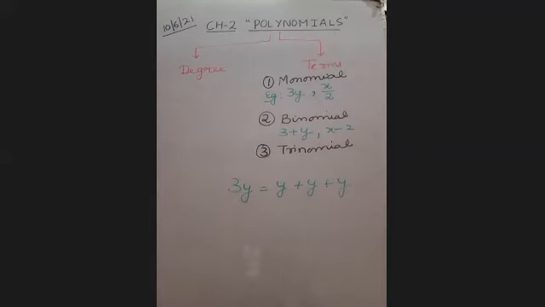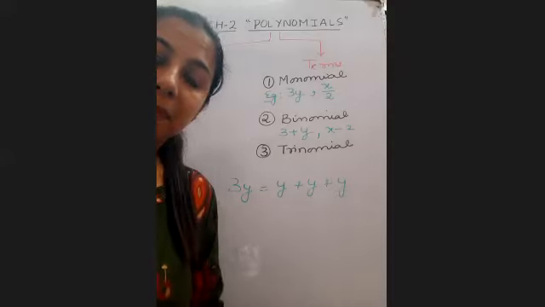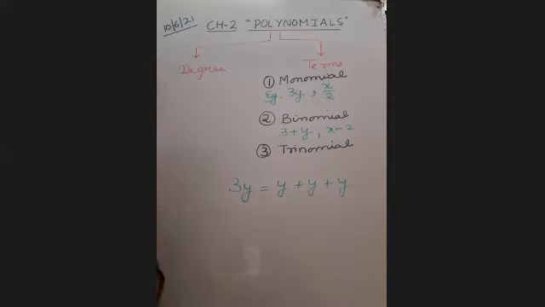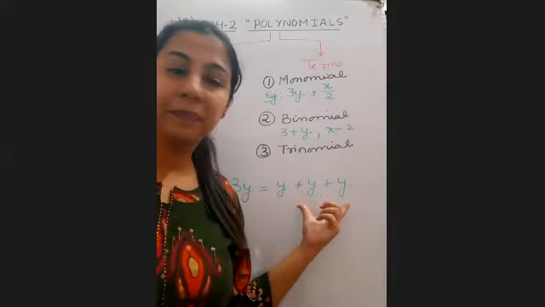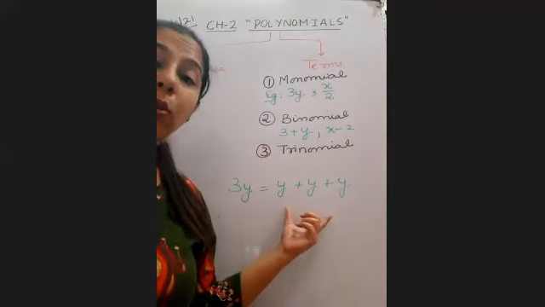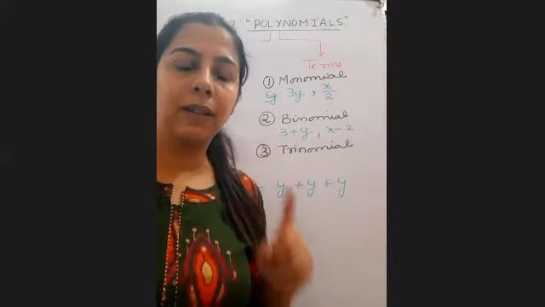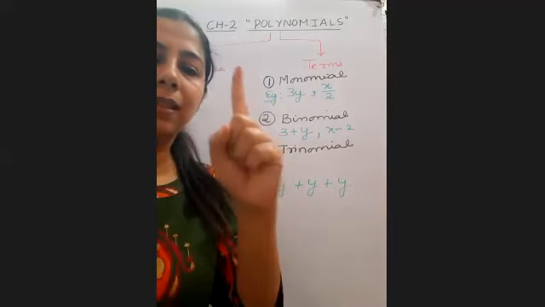This is a question to make you think. It is a monomial because like terms are counted as one. Like terms are counted as a single term.